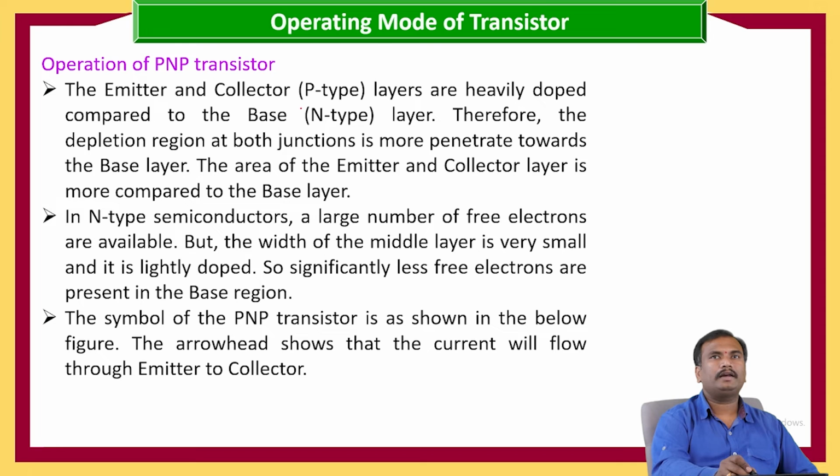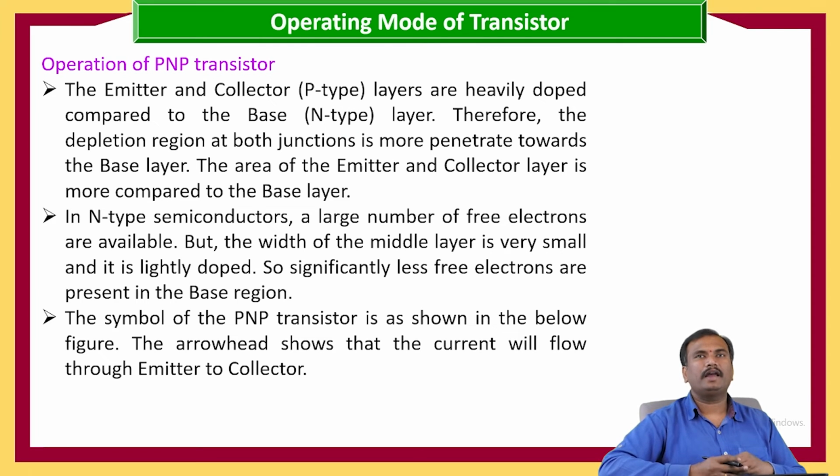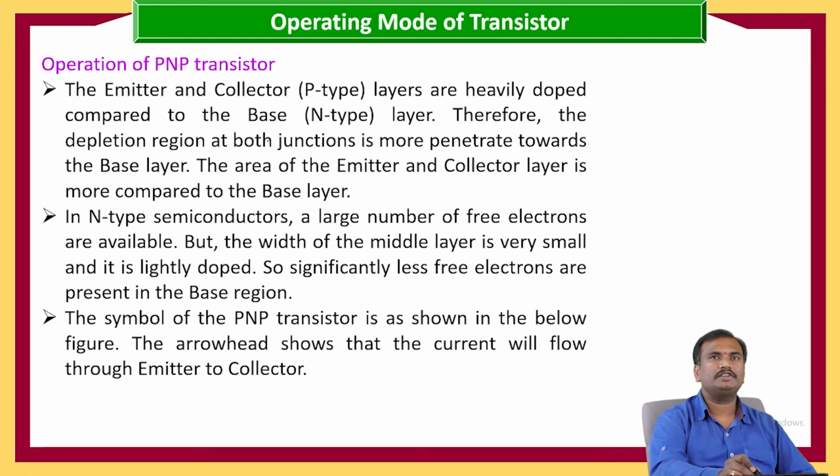The emitter and collector layers are heavily doped compared to the base layer. The emitter is heavily doped and the collector is moderately doped, but both are more heavily doped than the base layer. Therefore, the depletion region at both junctions penetrates more towards the base layer.